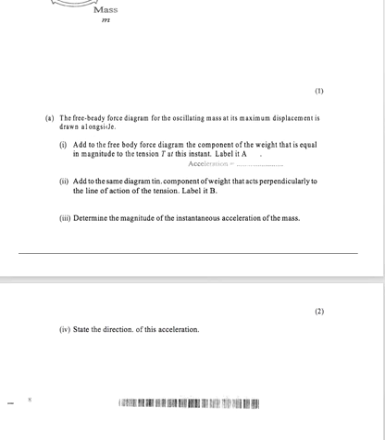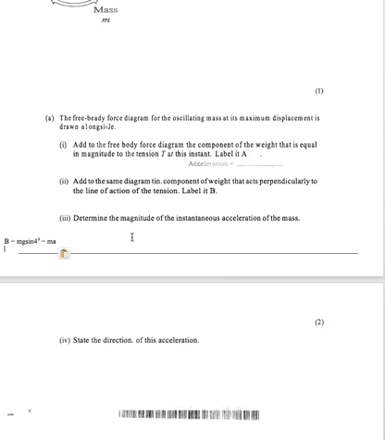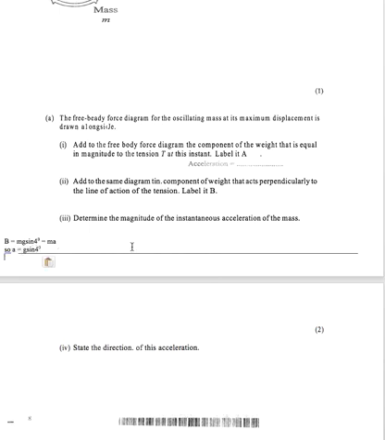So we're going to say B equals mg sine 4 degrees, and that by Newton's second law equals ma, so my m's will cancel. So I'll end up with A equals g sine 4 degrees, which gives me A to be 0.68 meters per second squared.